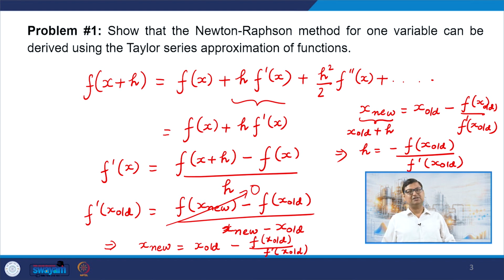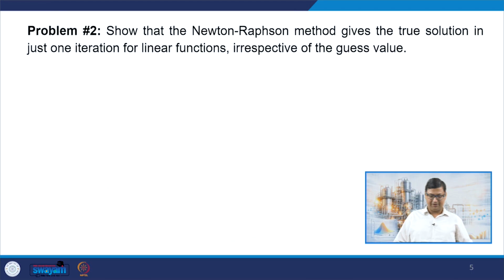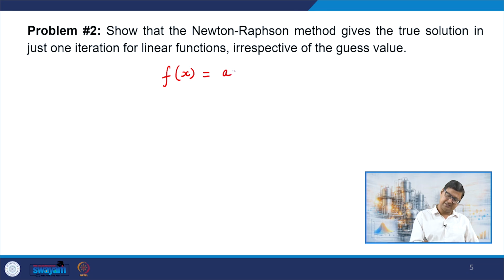Now, you can also see when it is going to work perfectly. For example, if you have a linear function, let us assume that f of x is of the form ax plus b, and I use the Newton Raphson method for this particular case.